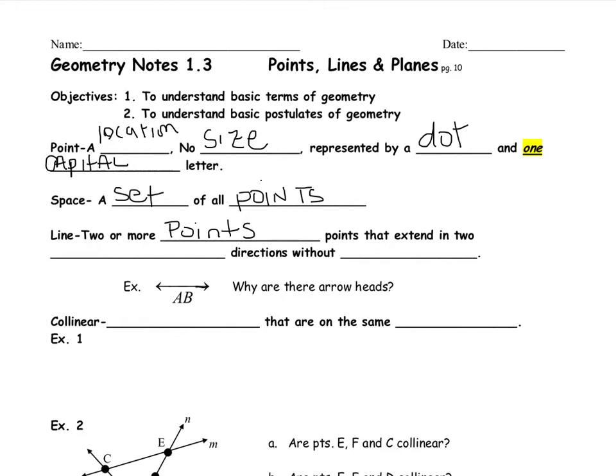This should say, sorry, we already have the word point there, it should say collinear points. So let me erase that and put collinear. Collinear, the definition's near the bottom right here. Collinear means that points are in the same line.